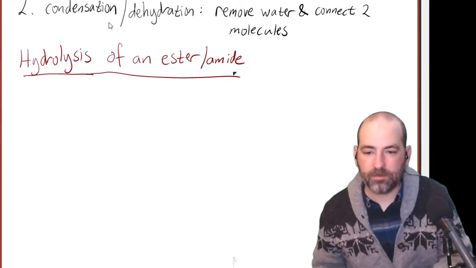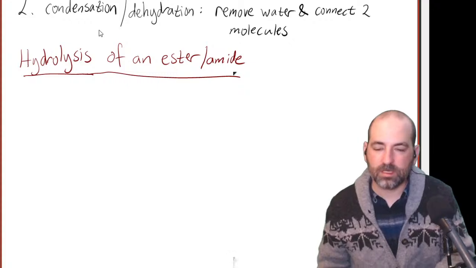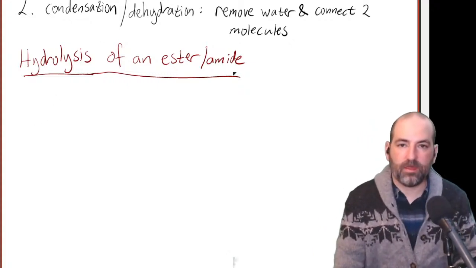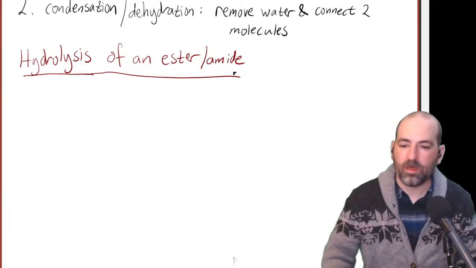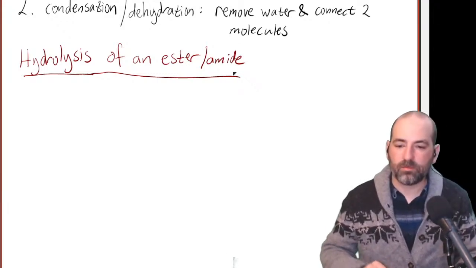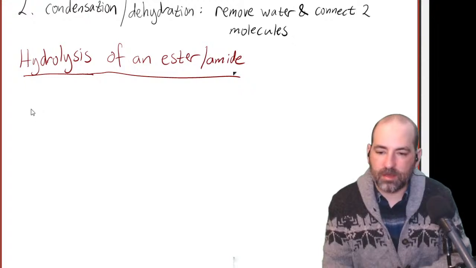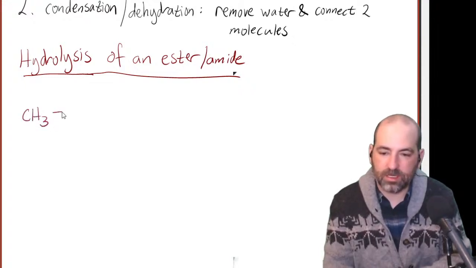So if you go back up to review a little bit, you'll see that an ester has a carbonyl group and then an oxygen and then more carbon. We are going to use one particular ester here. So just to see this example, I'm going to actually write it out as a condensed structure so we can see what all of the atoms are doing.